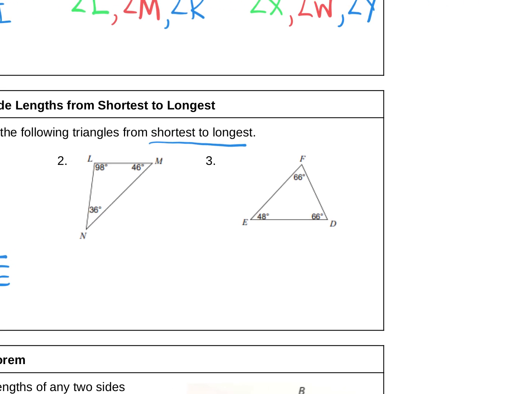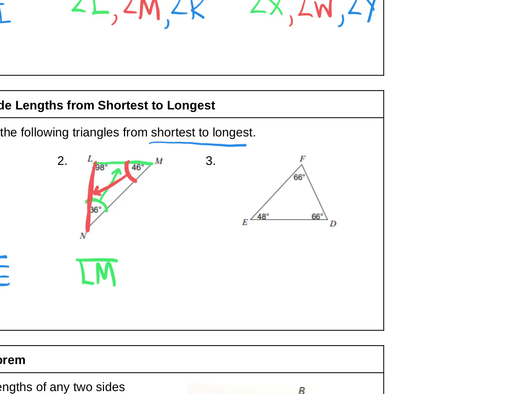Next triangle, my smallest angle is 36. So across from that is side LM. My next biggest angle is angle M. Across from that, now this can be kind of tricky, just remember you're looking for the side across from it.